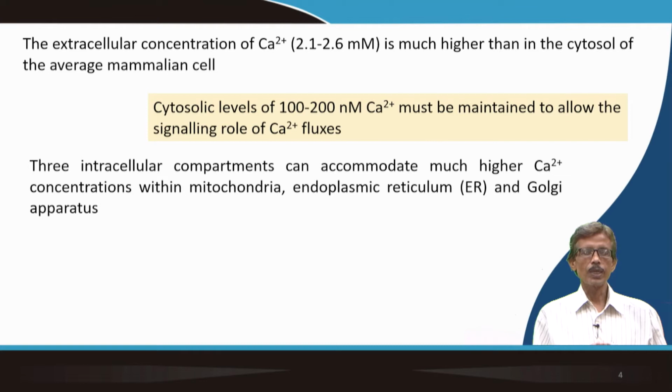So, if we consider that within the cell, from the corresponding structure or the diagram of the whole cell, we know there are mitochondria, there are endoplasmic reticulum and Golgi apparatus. So, these are basically the three chambers within the cell.